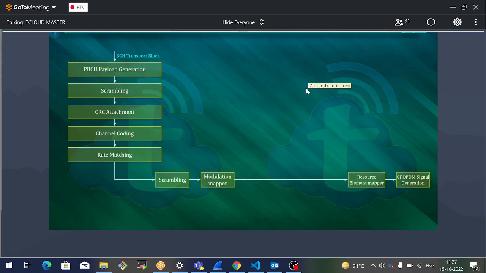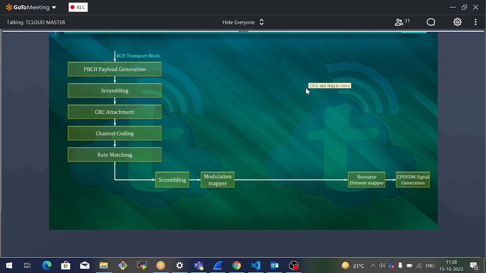But you remember our physical layer processing block we have studied for the other channels, like PDSCH? That is different, and this is different. If you observe, if you remember, compare.